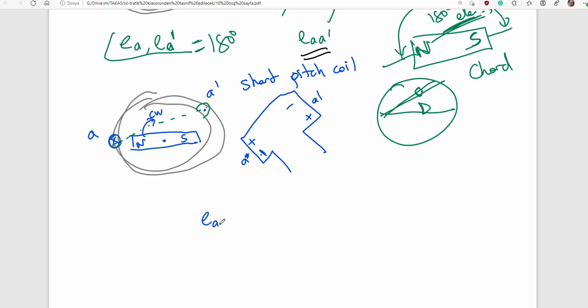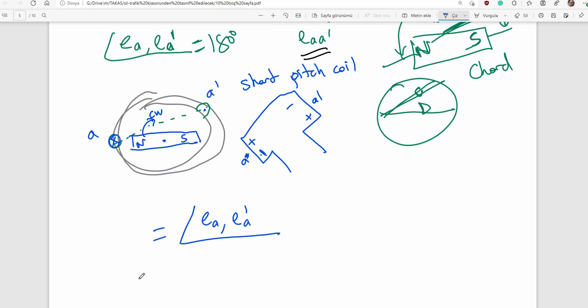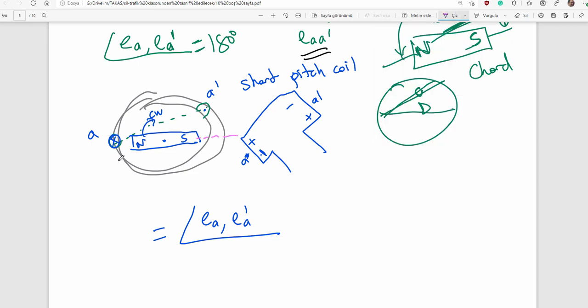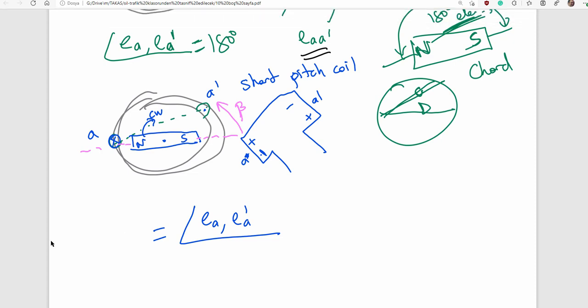What is the electrical phase displacement between the poles, between the sides? Yes, it's a bit complicated. Let me say beta. That is the angle beta. That is the angle 180 minus beta.